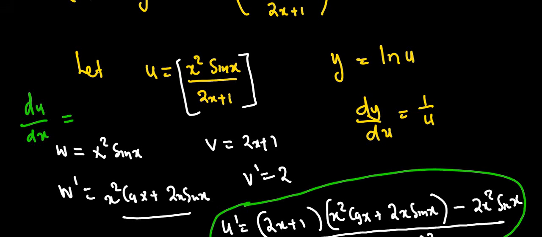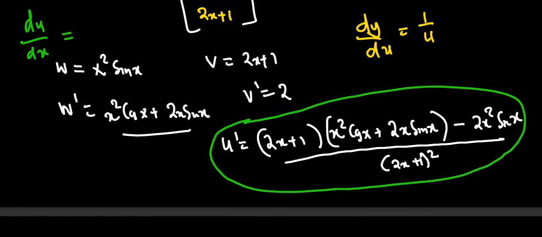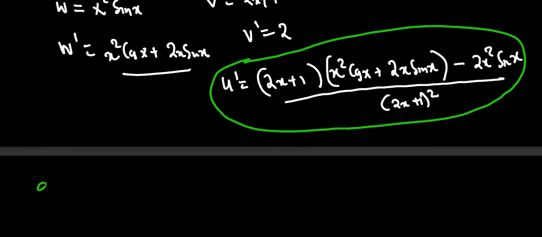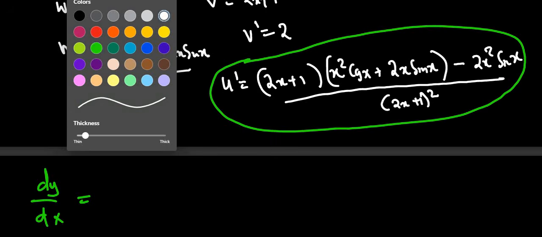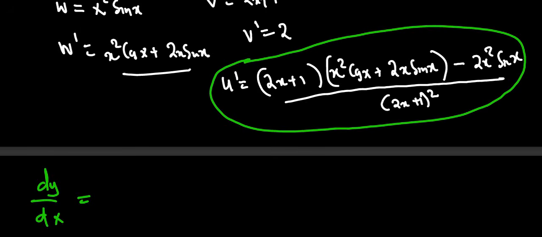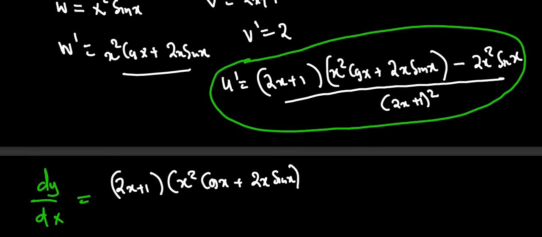Yeah, because this is your omega, so this is what we've gotten. Then we multiply it by the u. So the answer is just going to be this whole expression that we've gotten over the original expression that we had. So it's going to be your 2x plus 1, and you have x squared. This is cos x plus 2x and sine x minus the 2x squared.